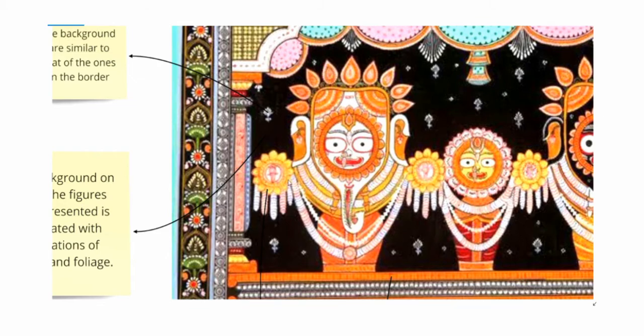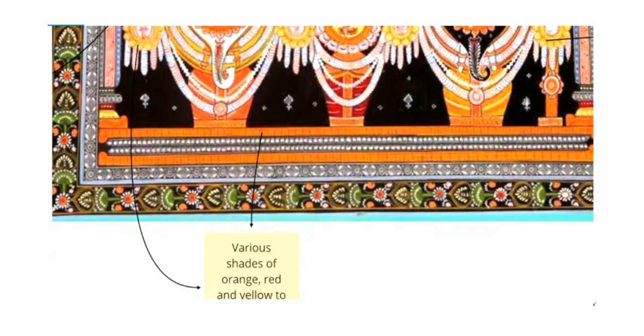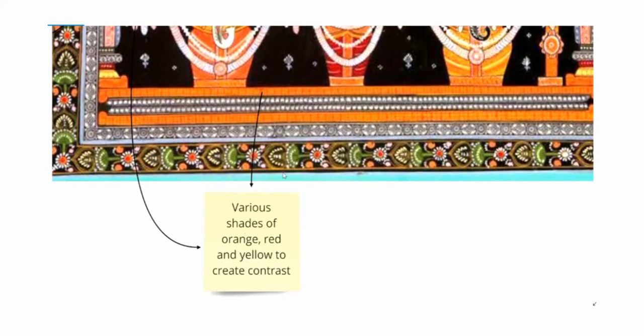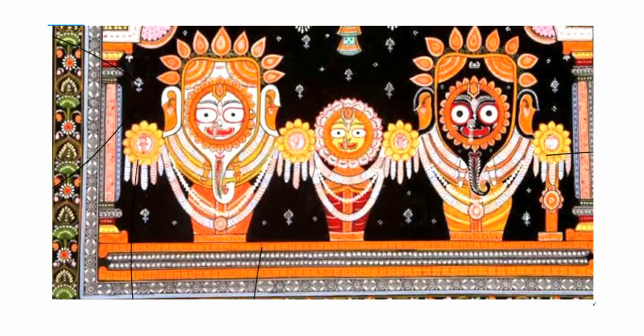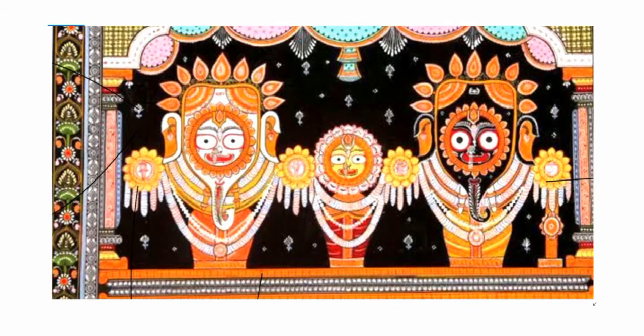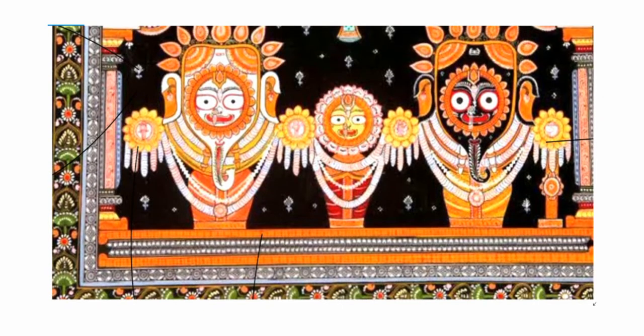We also see that various shades of orange, red, and yellow have been used to create contrast. Another feature is that they are made on a black background, and due to that the colors have a contrasting effect, and various shades have been used to show that.